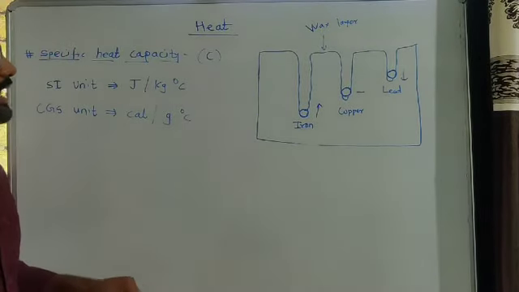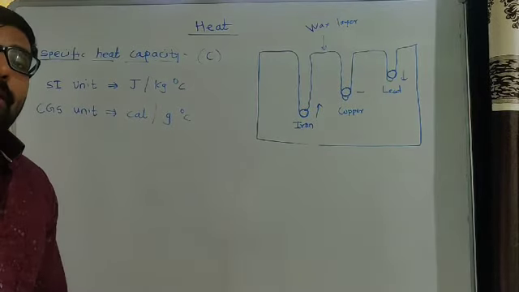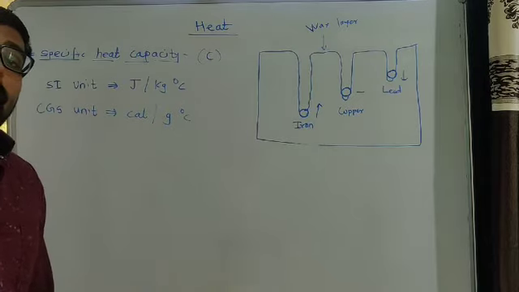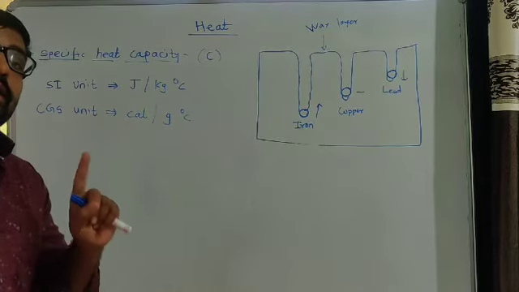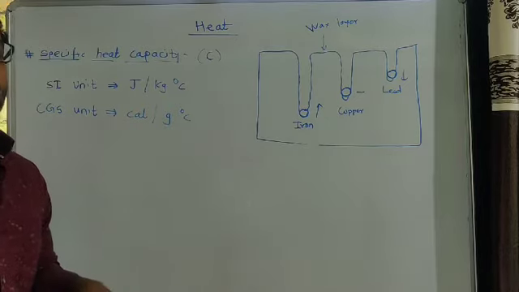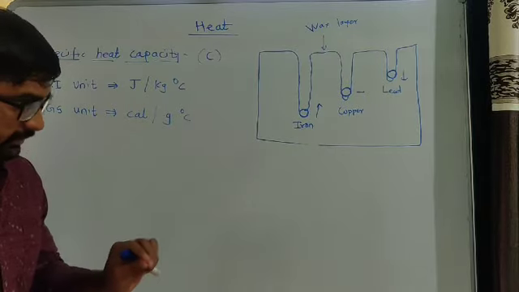Specific heat capacity is nothing but the amount of heat required to raise the temperature of a substance by 1 degree Celsius. That heat is called the specific heat capacity of that particular substance.